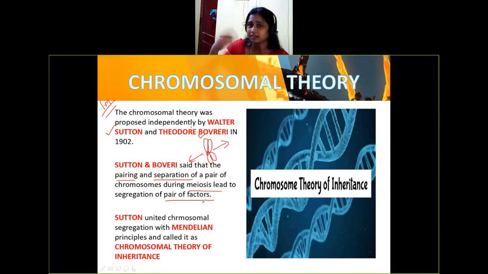Factor again, don't think it's a new term. It's nothing but a gene. In the next slide I'm going to show that parallelism. Both are parallel. What the chromosomes are doing is the same thing seen in the gene also. We are going to see how both are parallel with each other in their working mechanism.